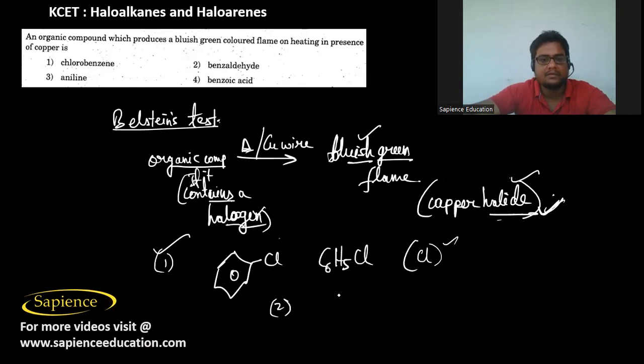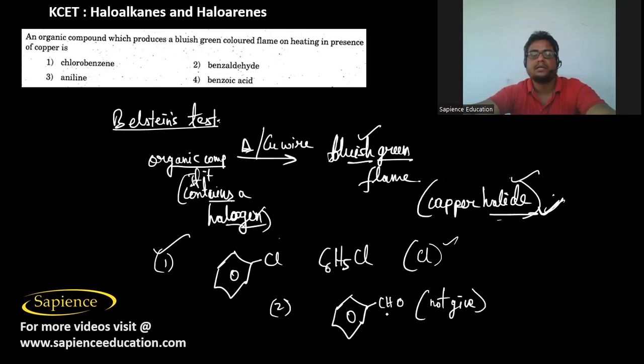And then in the second one we have benzaldehyde, which is C6H5CHO, which will not give the Beilstein's test, since the benzaldehyde does not have any halogen atom in it. And in the third one we have aniline, which is C6H5NH2.